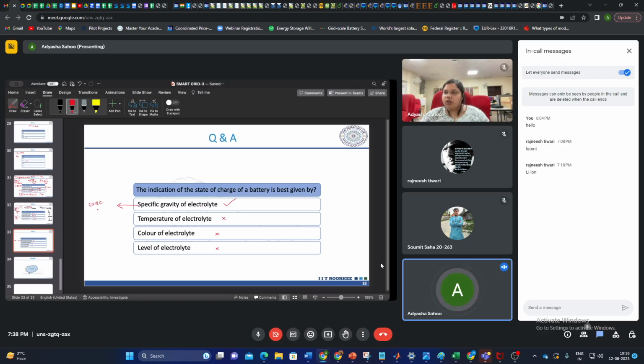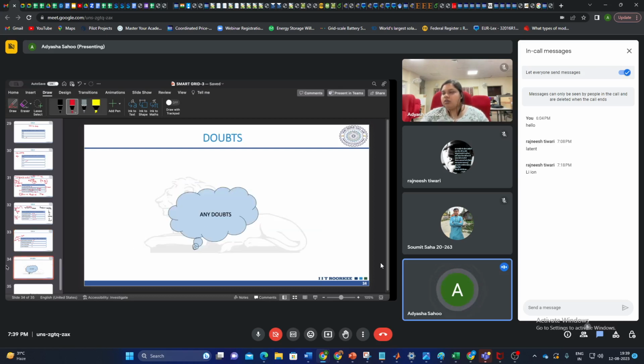So by knowing the concentration, if it is high or low, it may imply the level of SOC. So the concentration of the chemical present can indicate the level of SOC in a battery. Then any doubts from the session?